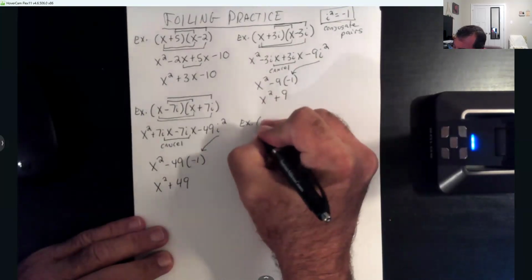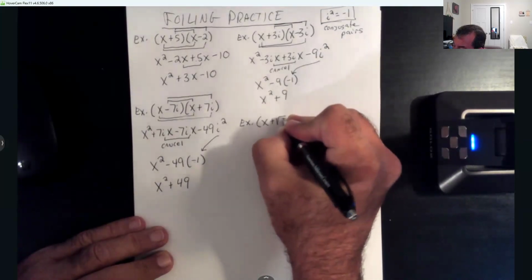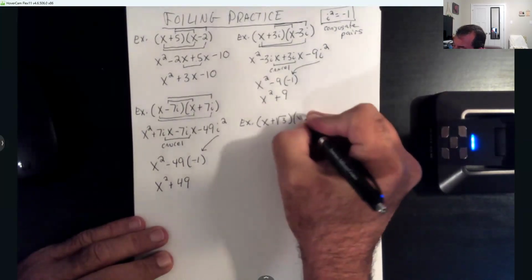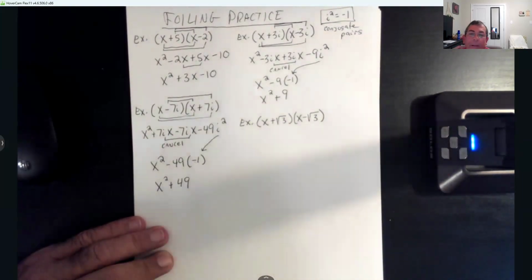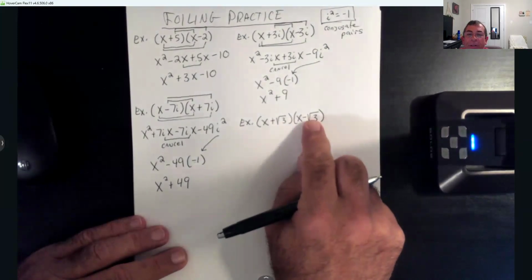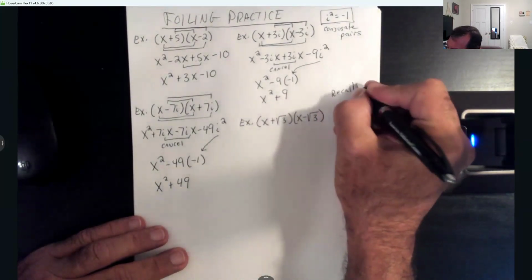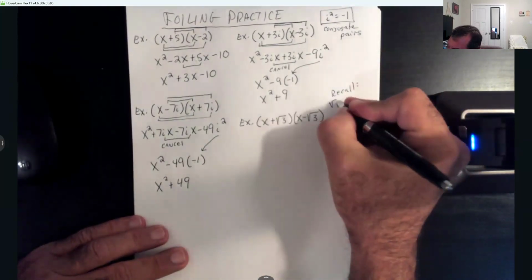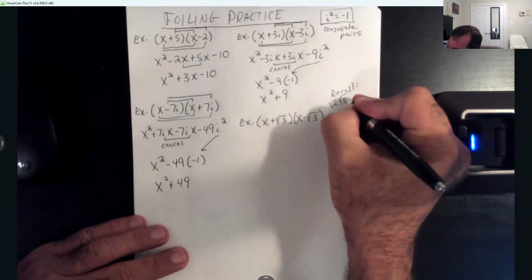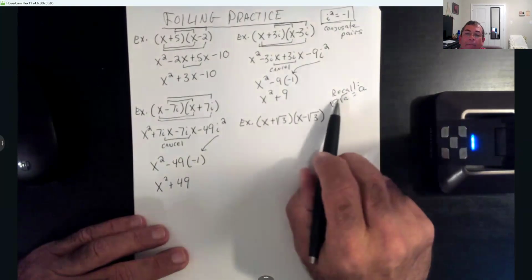What about stuff like this? x plus square root of 3 times x minus square root of 3. This is radicals. So for radicals, you got to recall one thing about radicals. A square root of a times a square root of a equals a.